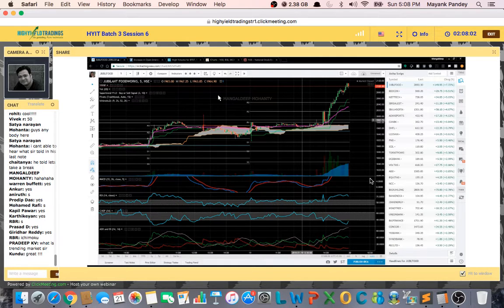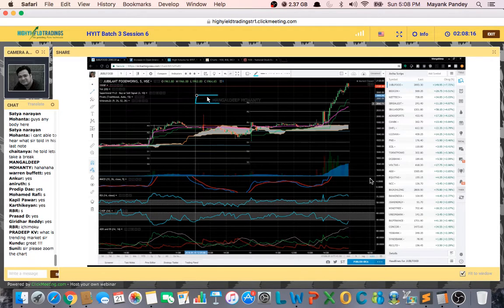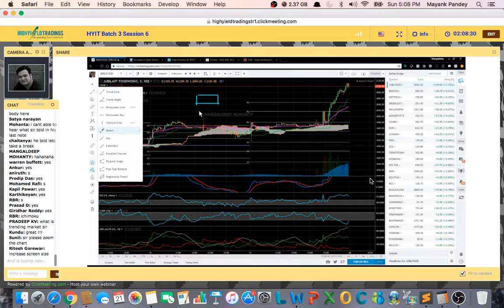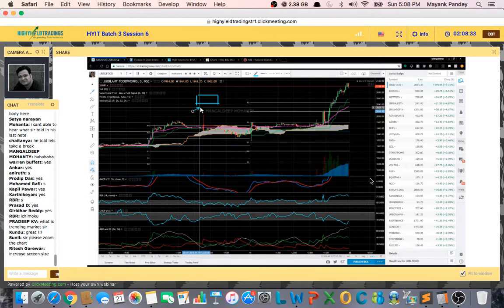Let's say the area between the rectangle is the Ichimoku cloud. It has been seen that whenever a stock, let's say a stock is going up slowly, it enters the Ichimoku cloud, crosses the Ichimoku cloud and closes above it.